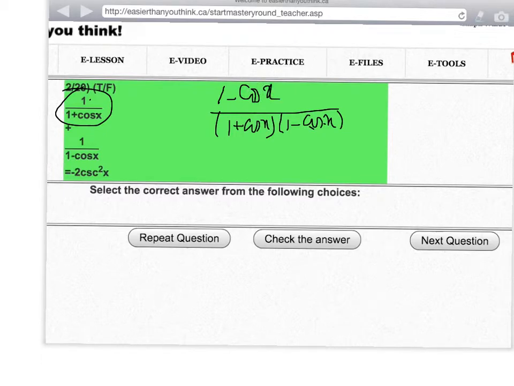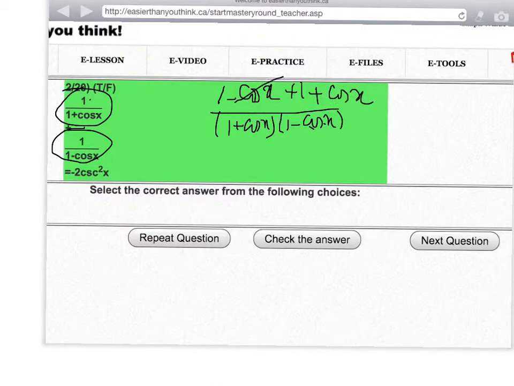I hope everybody's okay. The second fraction, if I want to have the denominator 1 plus cos x times 1 minus cos x, I have to multiply the numerator and denominator by 1 plus cos x. So 1 times 1 plus cos x gives me 1 plus cos x. Now, I'm going to simplify.